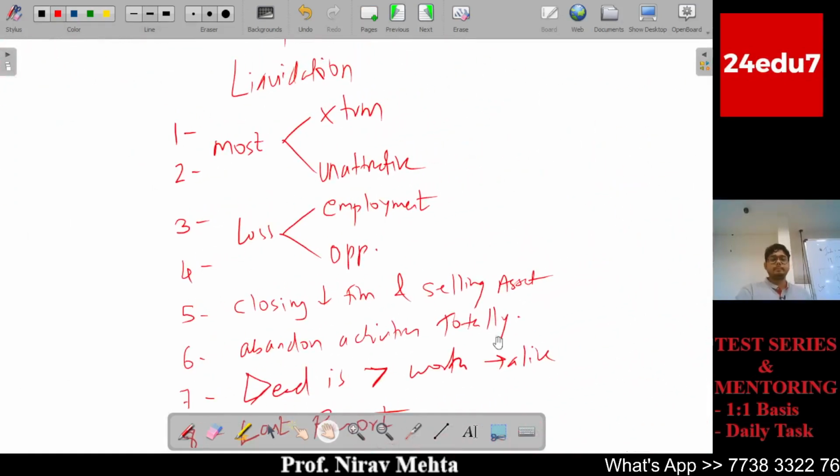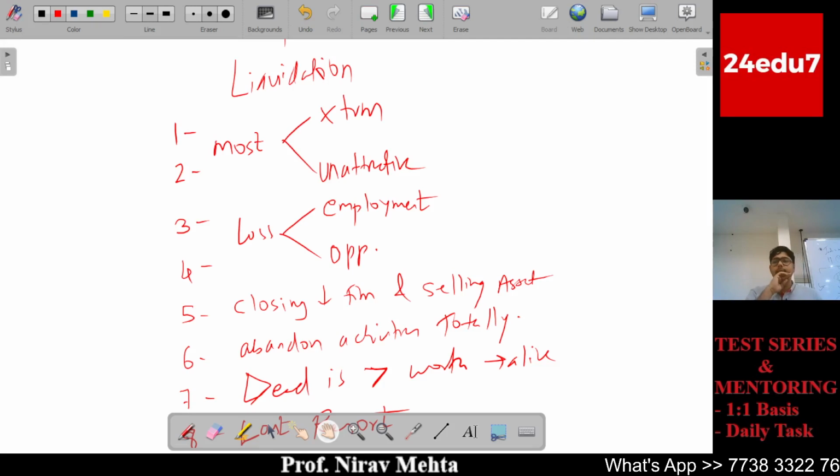Now, liquidation. Listen very properly. In R2, write point number 1 and 2 like this only: Most, arrow, extreme and unattractive. Loss, arrow, what is the loss?